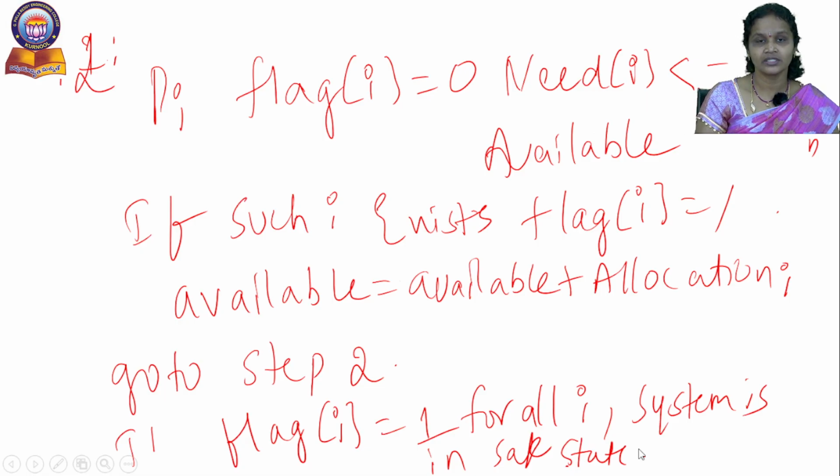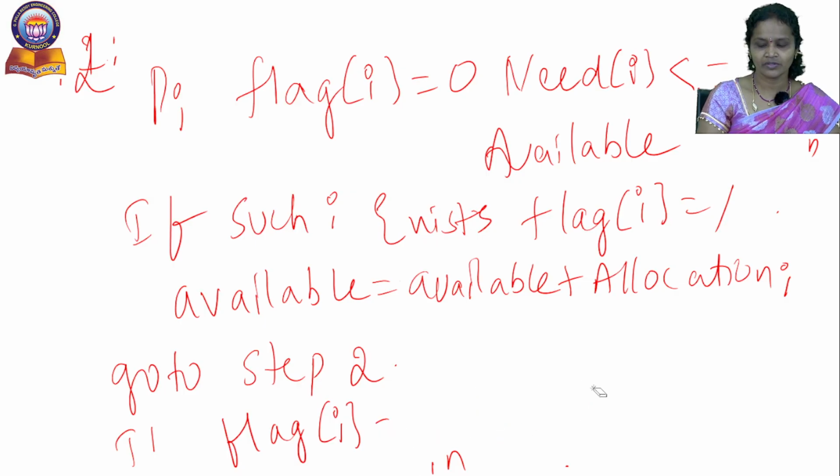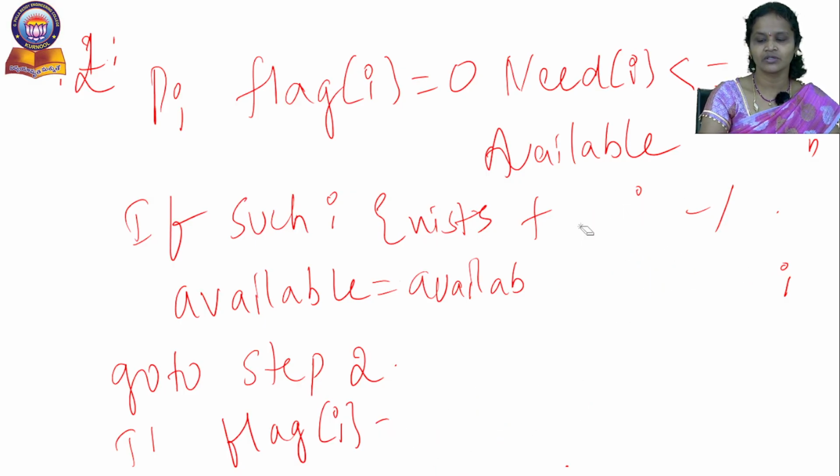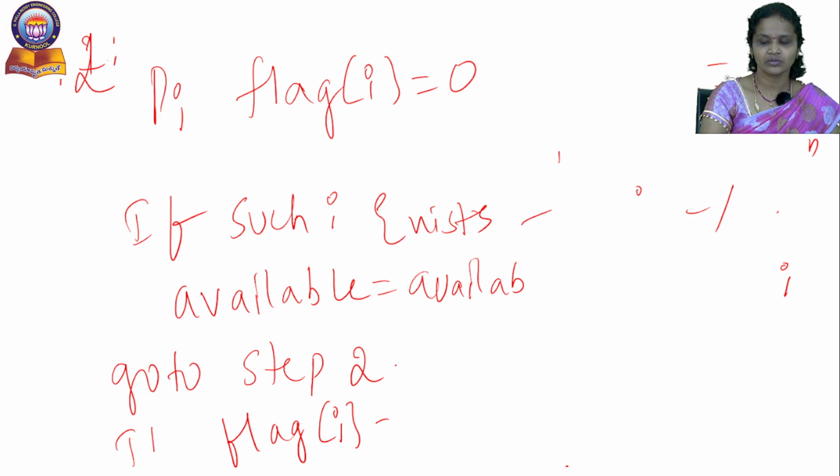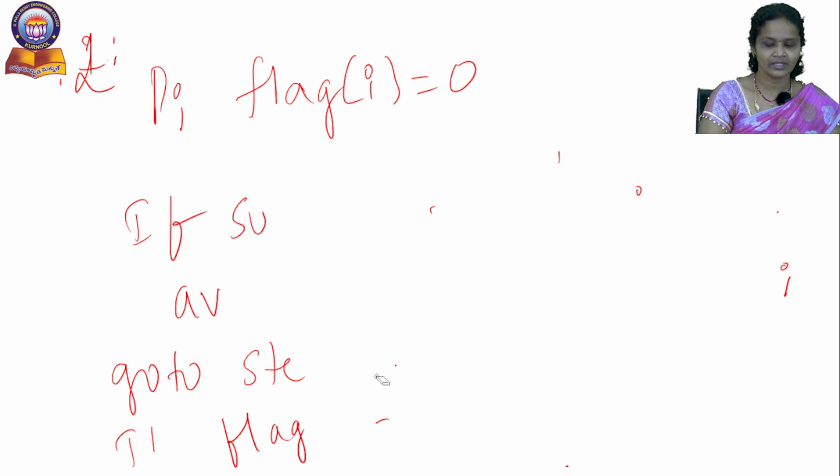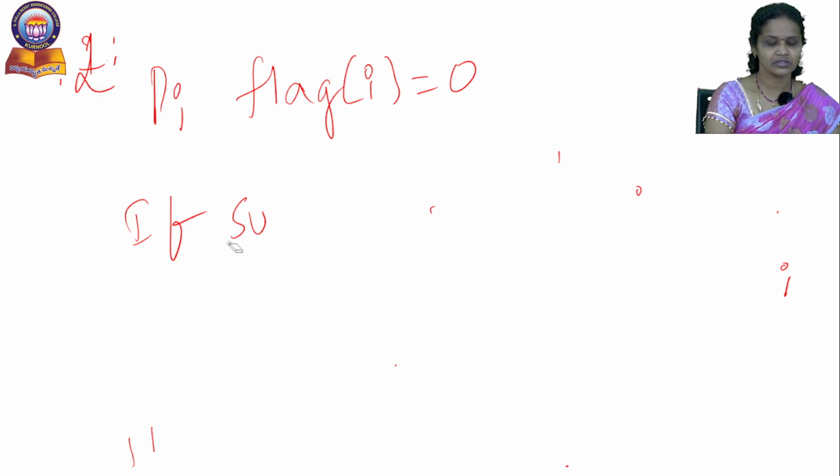In this manner, by using the Banker's algorithm, we check whether the system is in a safe state or not. If the system is in a safe state, we grant the resource to the requested process. Otherwise we do not grant the requested resources to the requested process. So this is the Banker's algorithm.